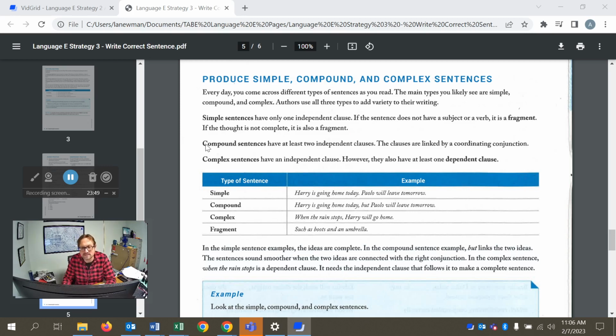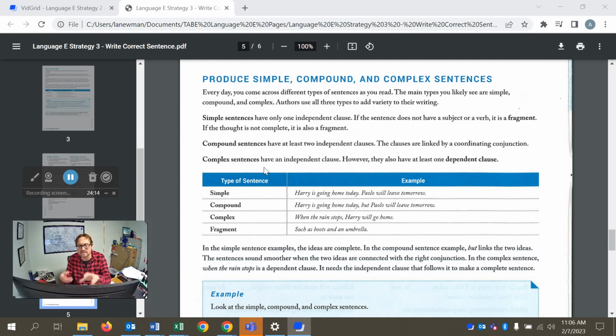Okay, we got 2 more types. Compound sentences have at least 2 independent clauses, and the clauses are linked by a coordinating conjunction. I haven't really spent much time talking about what a clause is because it hasn't really appeared much in the content so far. But a clause is just a group of words that has a subject-verb relationship in it.